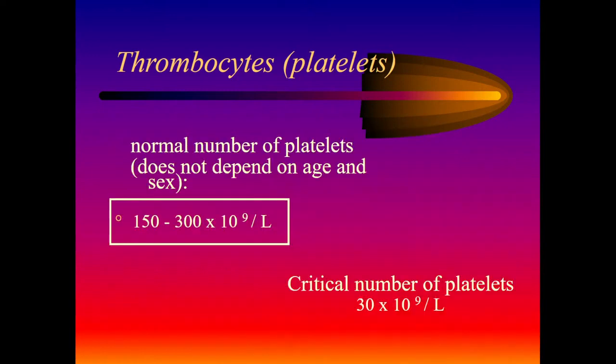The normal number of platelets does not depend on age and sex. It averages between 150 to 300 times 10 to the 9th per liter.